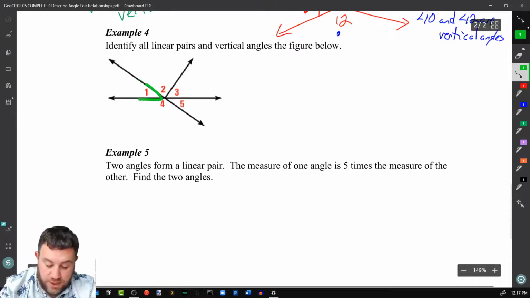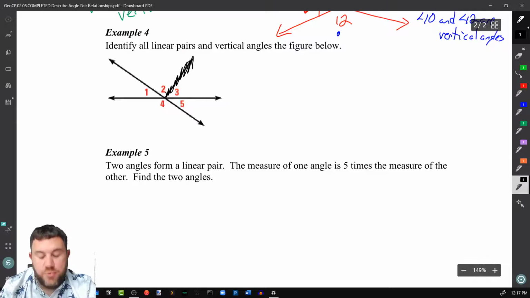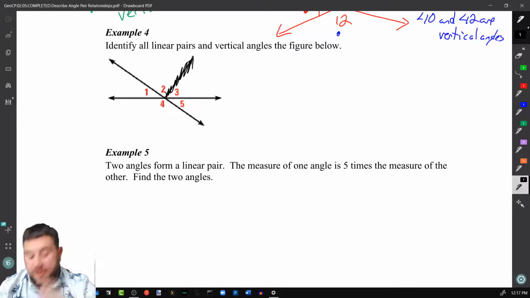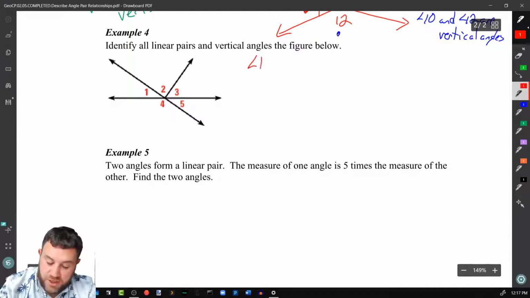What about 1 and 5? Well, if you pretend this ray is not there, then 1 and 5 looks almost like our figure we just drew. So angles 1 and 5, I'm going to write it in red, are vertical angles.